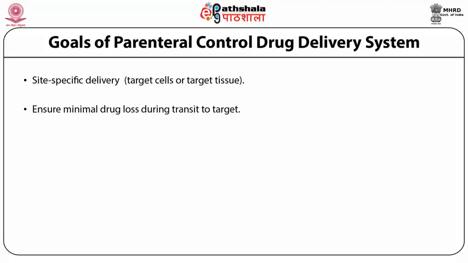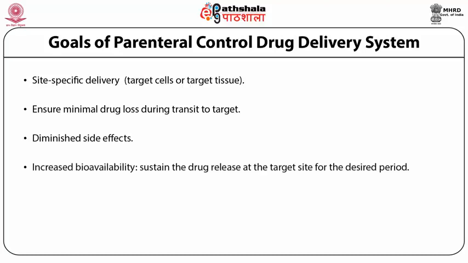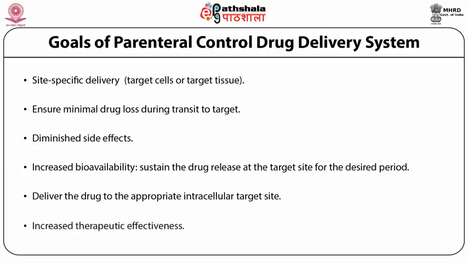Similarly, it is aimed at diminished side effects and increased bioavailability, where the drug is released at the target site for the desired period, usually showing a sustained effect. It also helps to deliver the drug to the appropriate intracellular target site. And of course, by focusing on all these goals, the major target remains increased therapeutic efficacy.